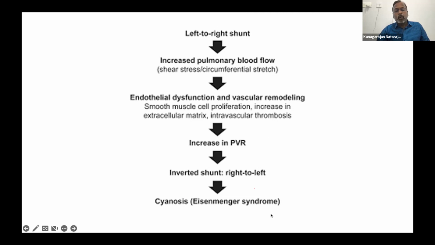If it is prolonged, it can lead to pulmonary vascular changes, which can lead to an inverted shunt, that is, the reversal of the shunt, or what you call Eisenmenger syndrome. So it's very important to know that most shunts persist because the physiological changes which normally happen during the transition period didn't happen.